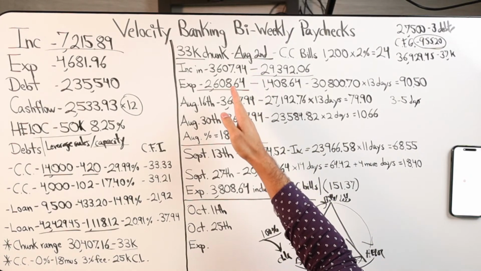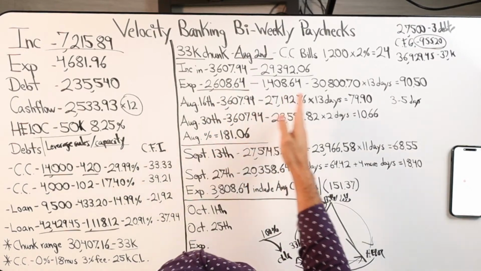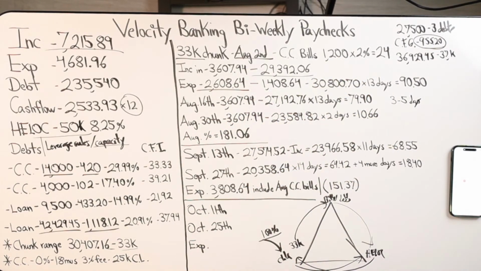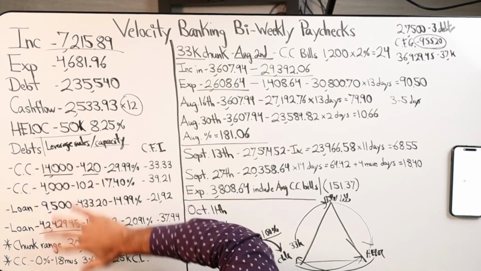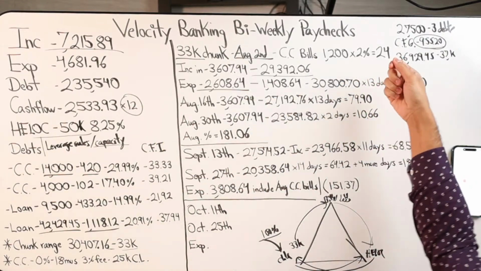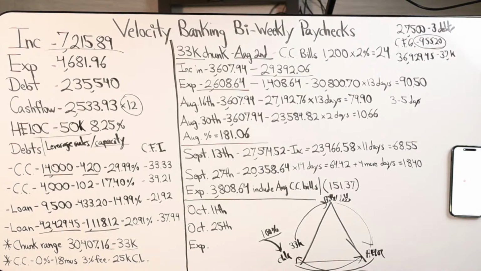Of the $2,608.64 of expenses, $1,200 of that can be run on a credit card. So outside of what's shown here, we have another credit card, zero balance, nothing owed, where we can run bills on a card, get 2% cash back.